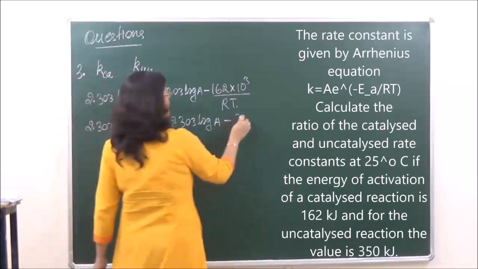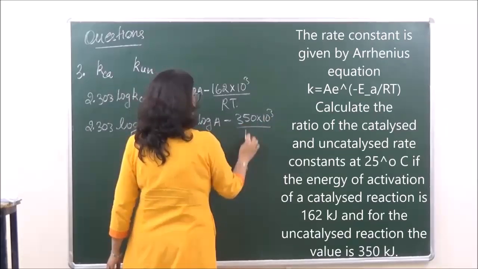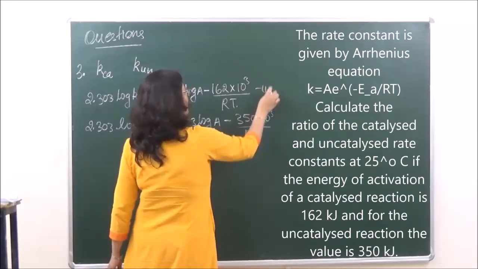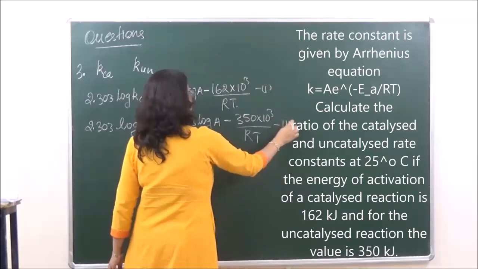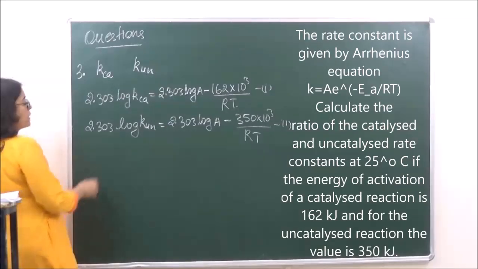So that will be, let's say this is equation 1, this is equation 2. Okay? So what we have to do is we are subtracting equation 2 from equation 1.